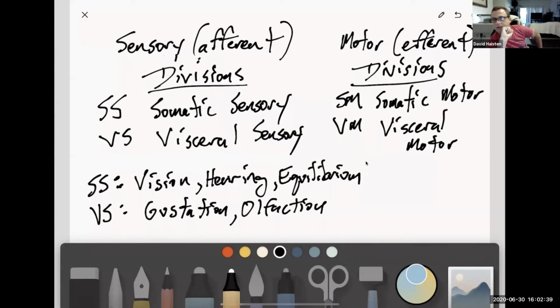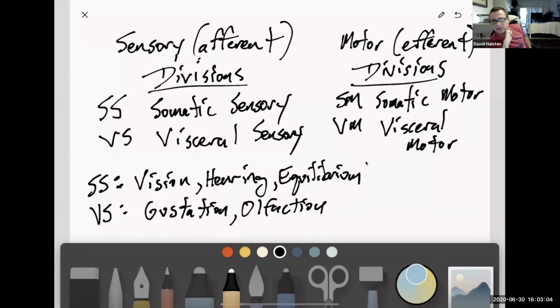Ultimately, that results in proprioception, a sense of where your body part is in space. It's why you can close your eyes and hold your arm out and you know where your arm's located. So basically any sensory receptors located in your outer body tube are considered SS division.